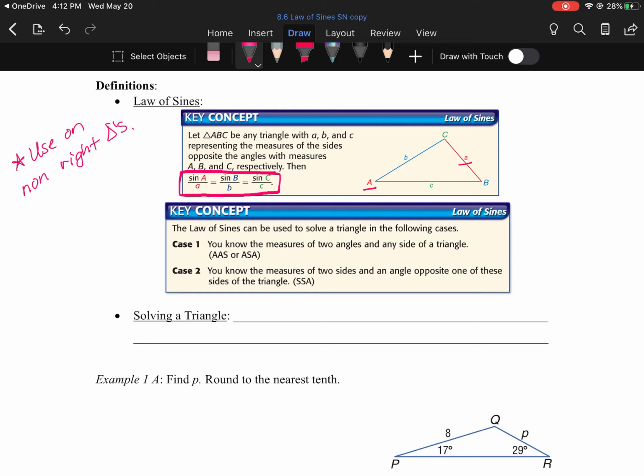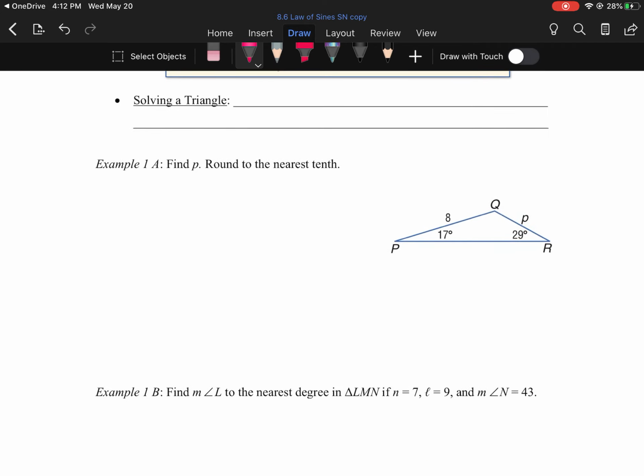All right, and I've been saying this whole time that we're going to use this to solve triangles, so let's figure out what solving a triangle is. Solving a triangle is actually finding the measures of all the angles and sides of a triangle.